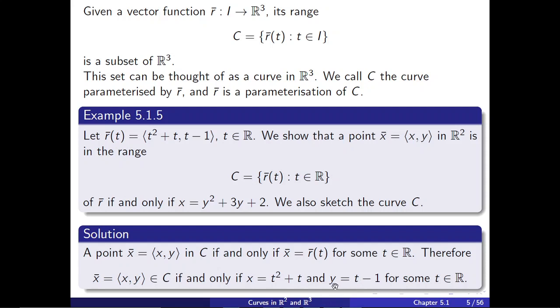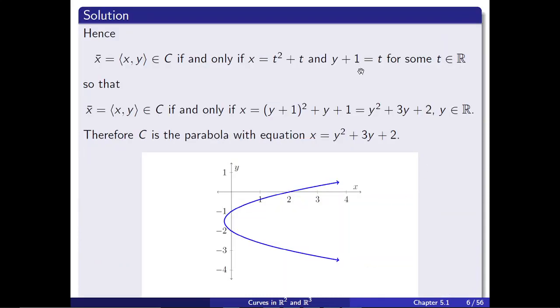If we look at this, we can easily express t in terms of y by just putting the minus 1 on the other side, and then we get that t is equal to y plus 1. Then if we substitute that into the first component, we replace t with y plus 1, and we get that x is equal to (y plus 1) squared plus y plus 1.